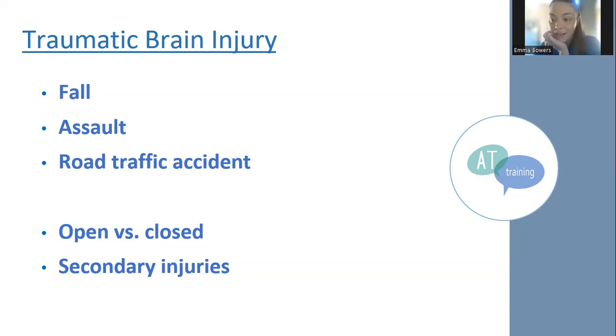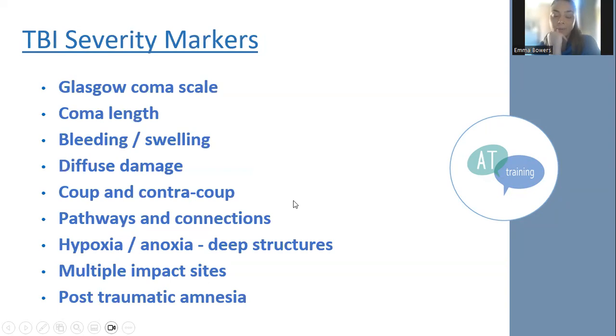But with traumatic brain injuries as well, you have your initial injury, but you can have secondary, third, multiple injuries after that. So that is just something to really bear in mind. Now, the severity of TBI, there's lots of different severity markers that are used to identify how severe a TBI is.